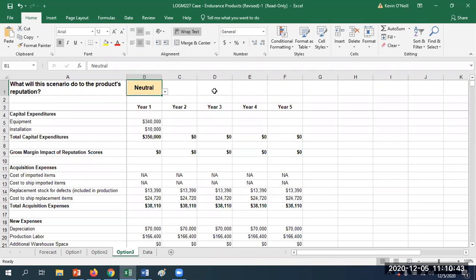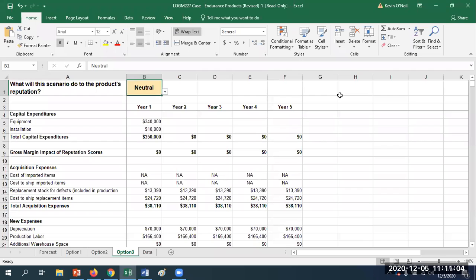So the next question is, how does it shake out financially? You're not likely to say negative is going to be good. I suppose you could create some scenarios like that, especially if you have a cash cow type of business that's going to dwindle away anyway.